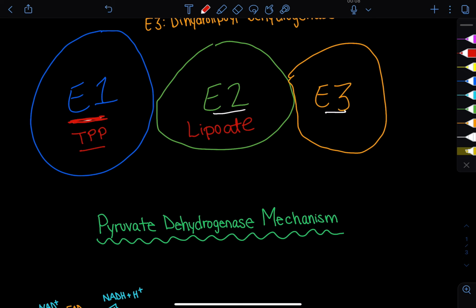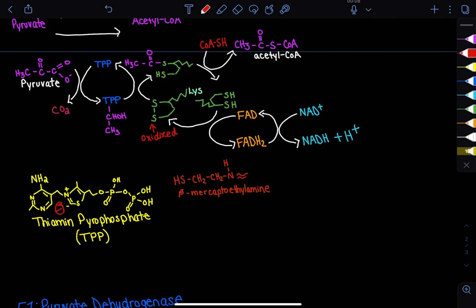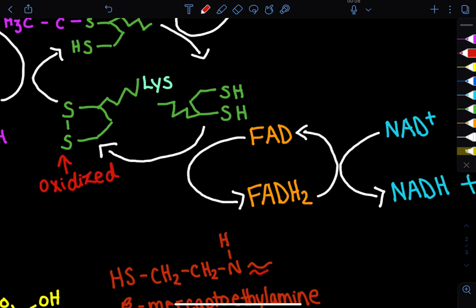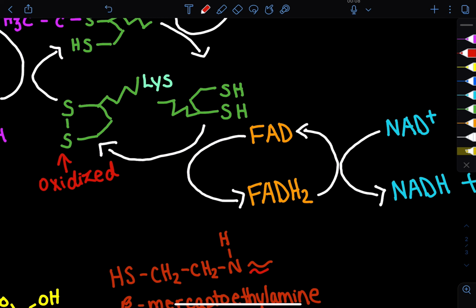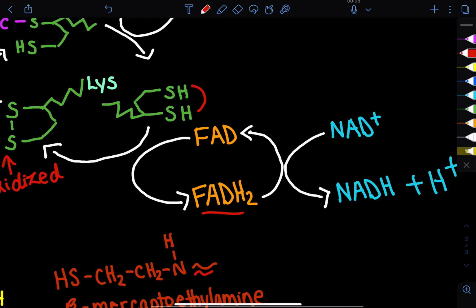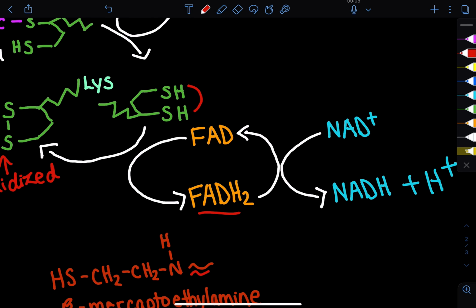And then on E3, we have FAD. FAD picks up the 2 electrons, and it gets reduced into FADH2.